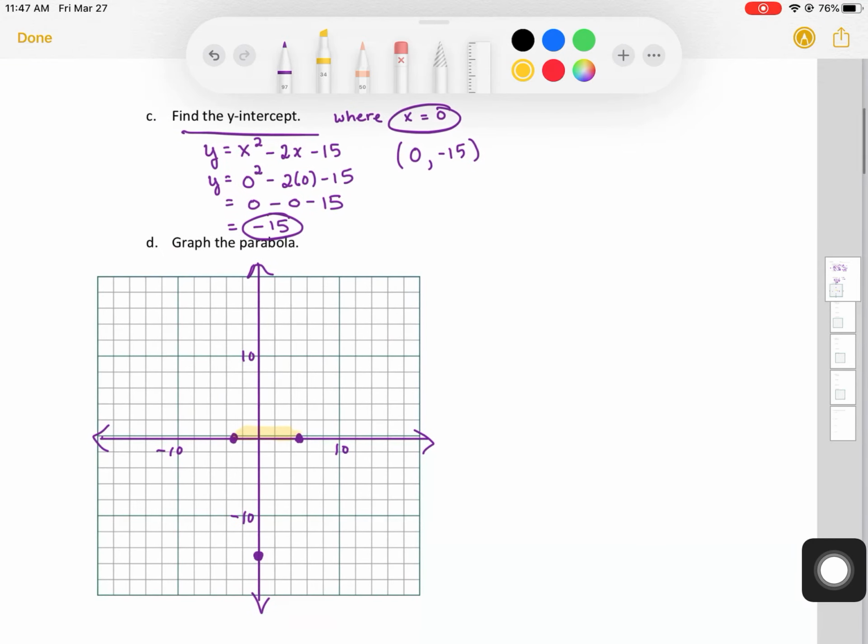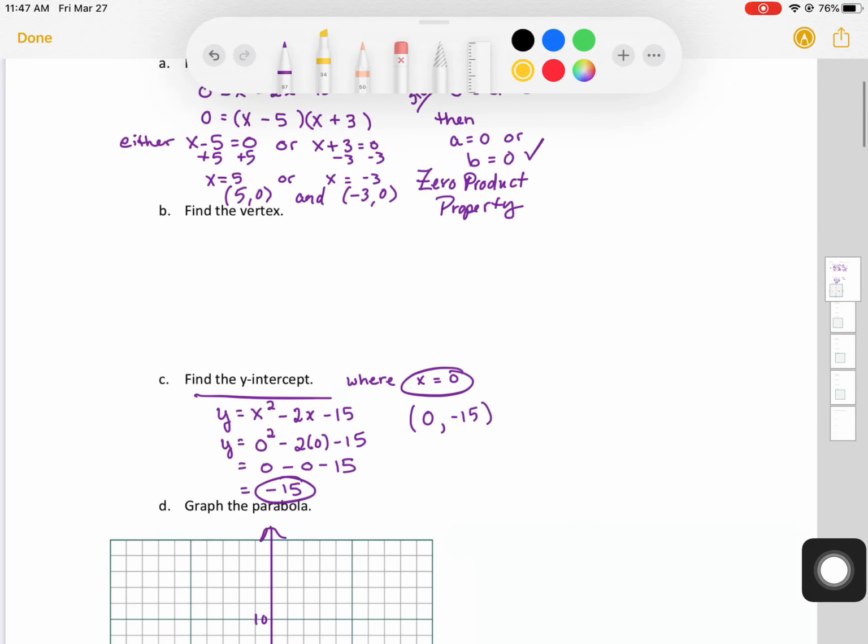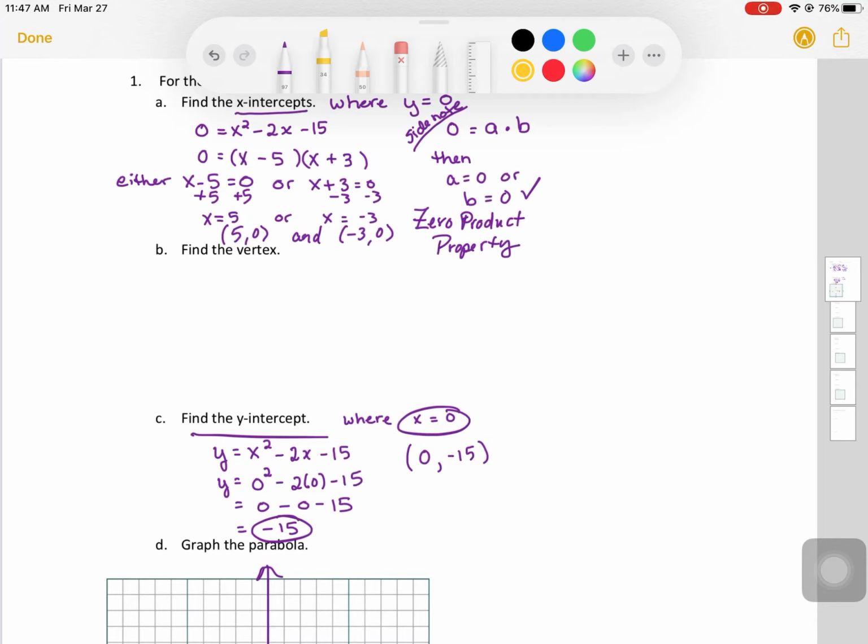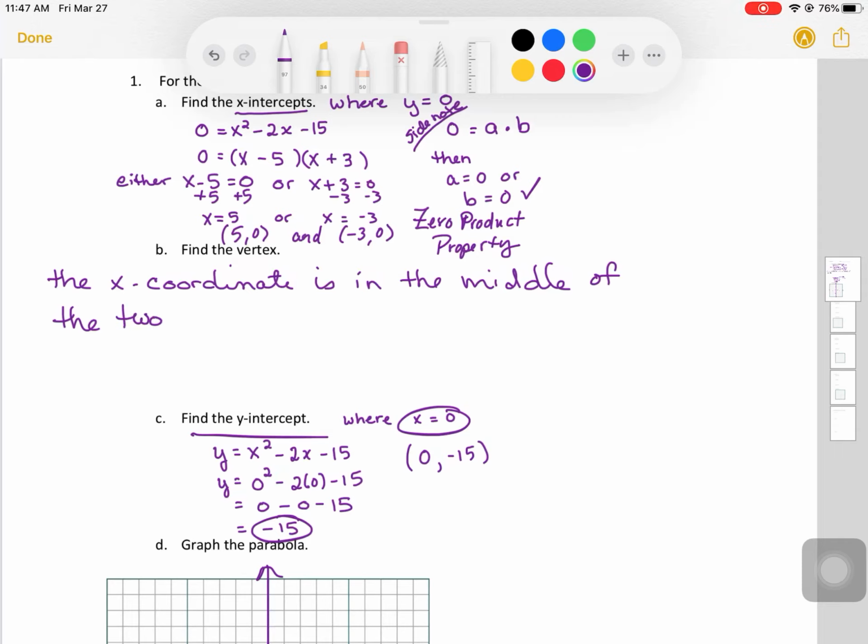If we come back to the points we're looking at, to find the vertex, the x-coordinate is in the middle of the two x-intercepts.